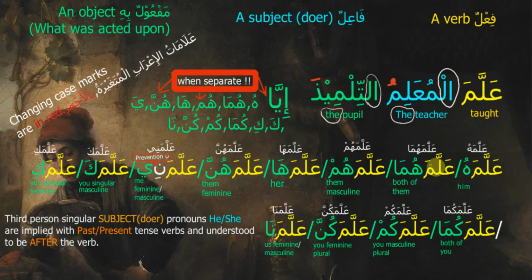So if I want to say علم المعلم التلميذ قصة, قصة is a story, feminine, I can say علمه إياها. He taught him it. So you add إيا before any one of these, then you place it after this sentence, and it becomes the second object.